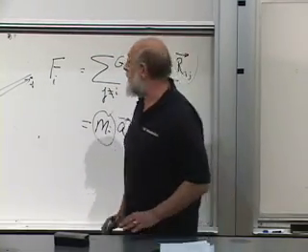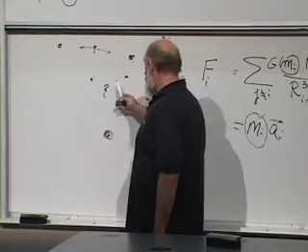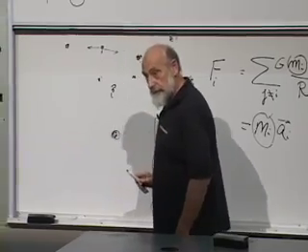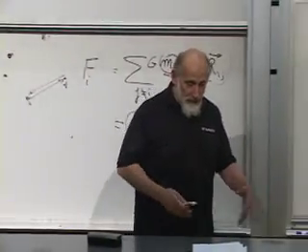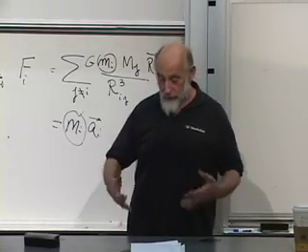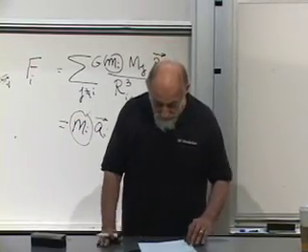But this formula is for if you knew the position and location of every particle, this would be the force. You need to solve some equations to know how the particles move. But if you know where they are, then this is the force on the ith particle.